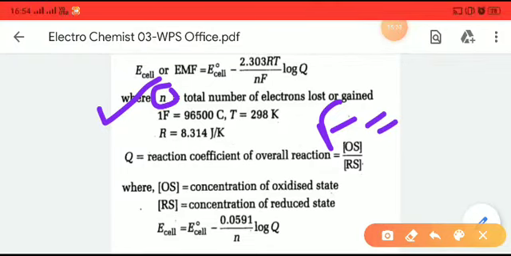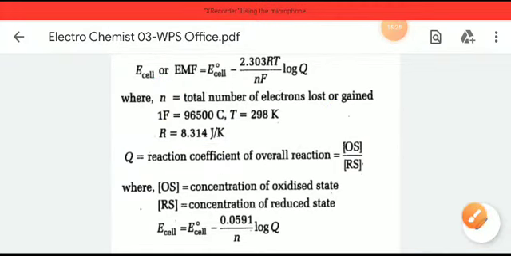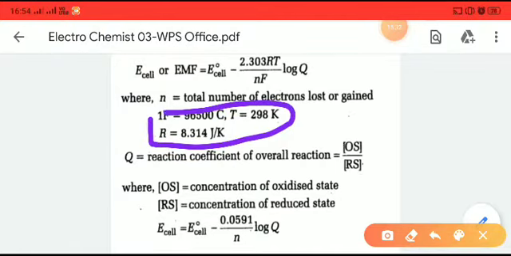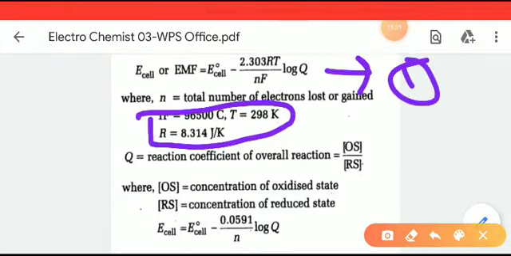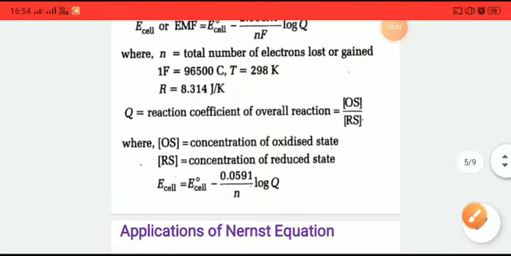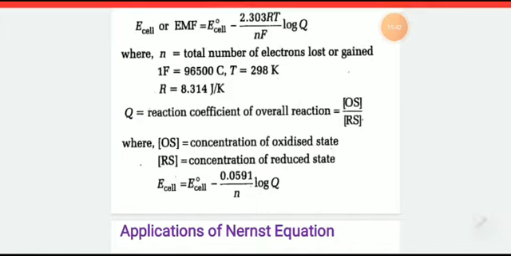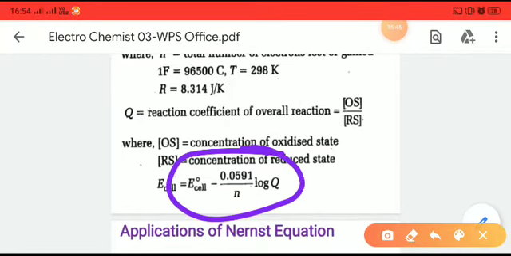The temperature is 298 Kelvin, and the value of R is 8.314. If we put these three values into the equation, we get a simpler form: E cell is equal to E0 cell minus 0.059 by n log Q.